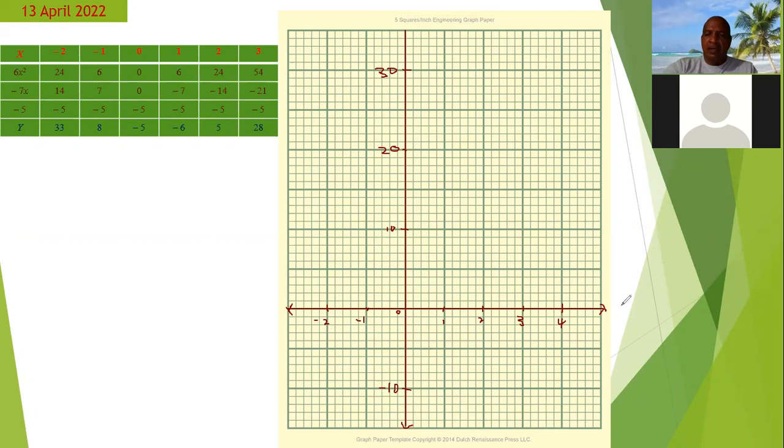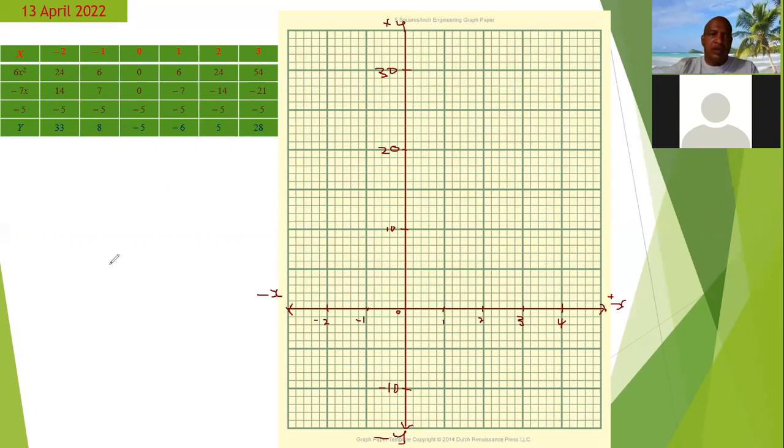So you put in your x and y. So this would be the positive x, negative x, positive y above, and negative y below. All right, and then you put in your scale. I'm not going to write in the scale here. I'll leave that for you to do.